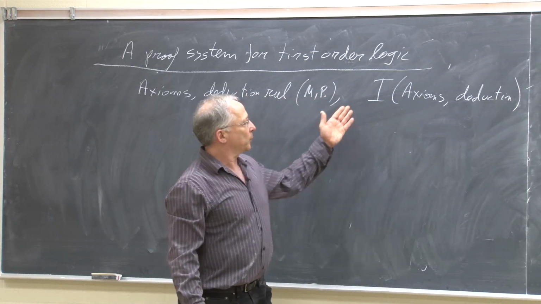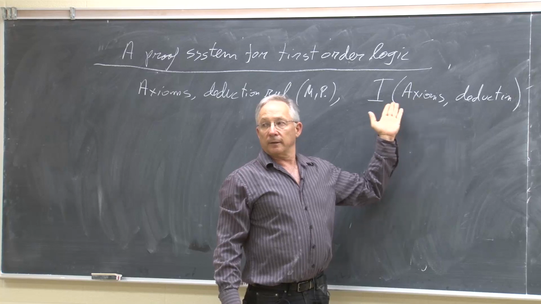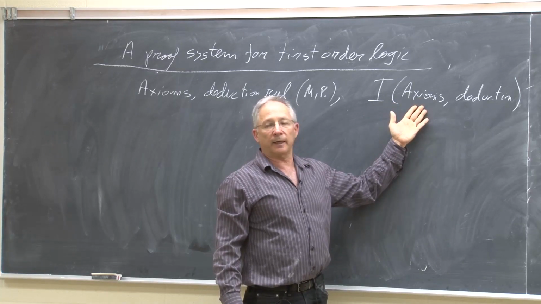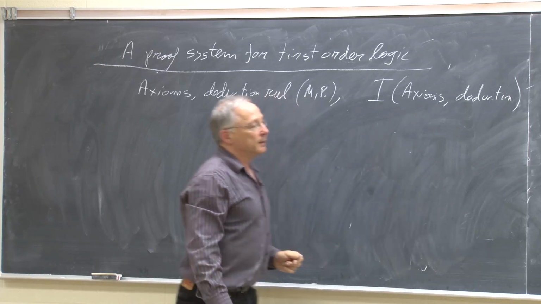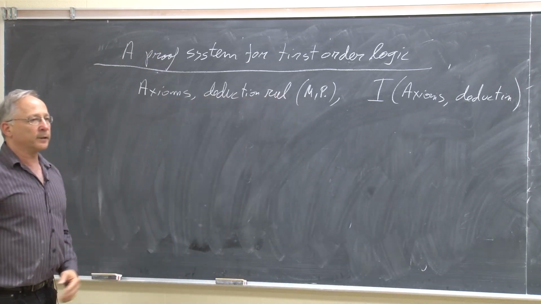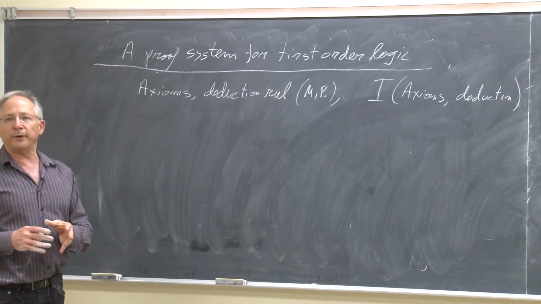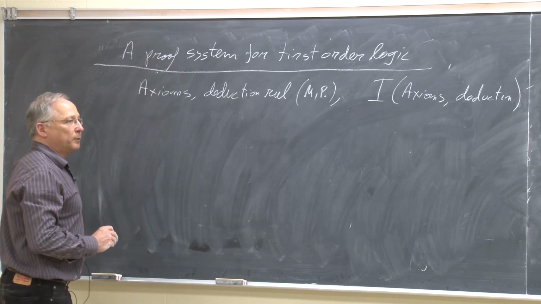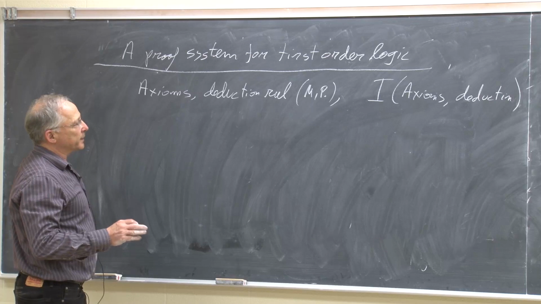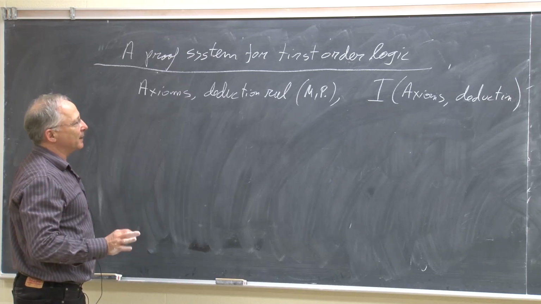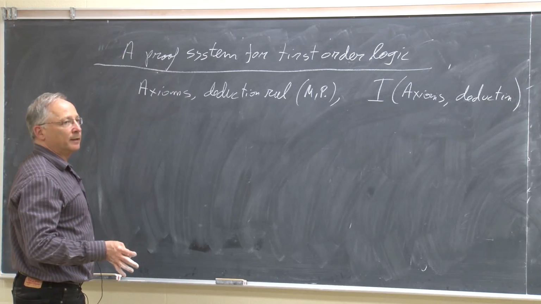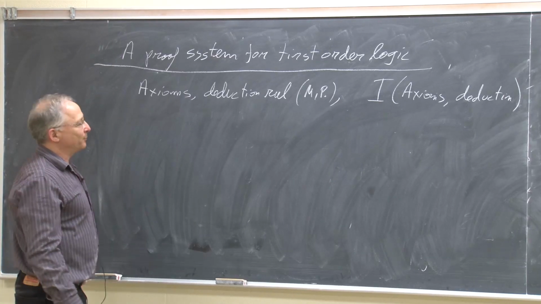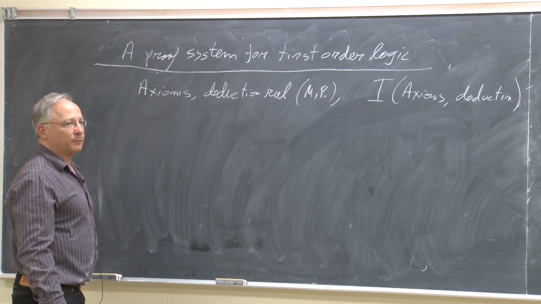A proof is whatever is a generating sequence in this inductive structure. Okay, so what are the axioms? The axioms are going to be divided into groups, and actually the axioms themselves I have to define inductively, but the inductive step here is almost trivial.